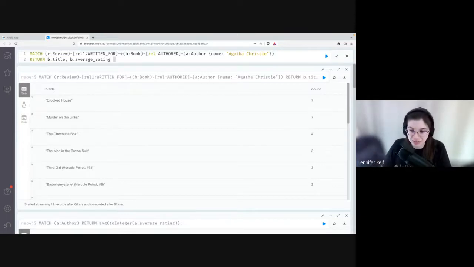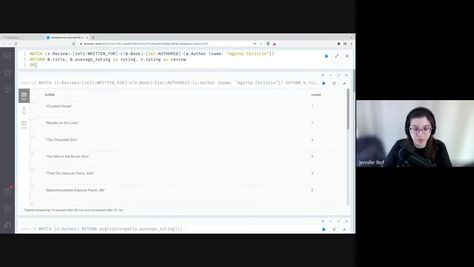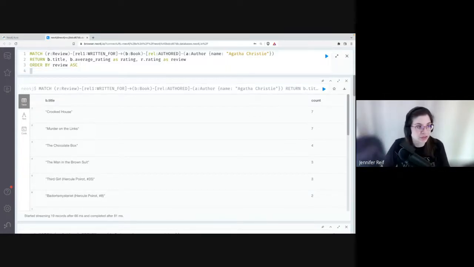This is just data that's already here as the rating. And then we'd want to grab the review rating as review, and then order by review in ascending order. So this is going to pull the lowest to highest. And then we maybe only want to return the top 5, let's say.